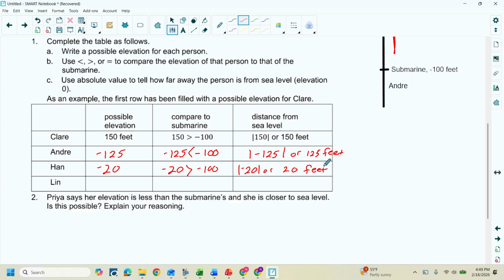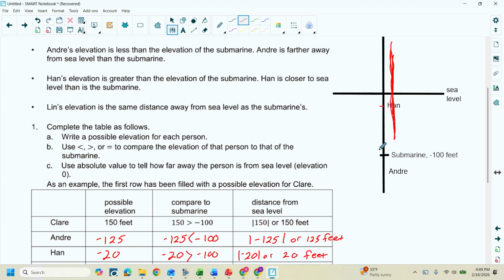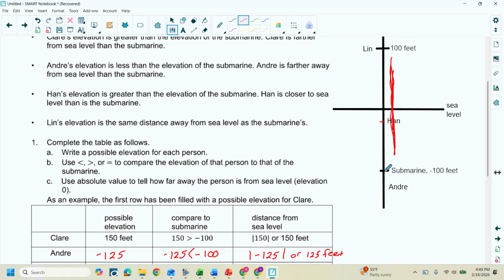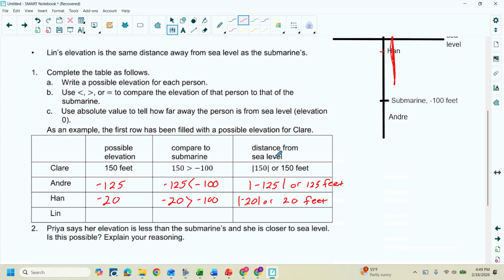And now for Lynn, they were either at the same depth as the sub, or the opposite of the sub, so that the distance away from sea level is the same as the submarine's. So I put her at the opposite, so they're at 100 feet.